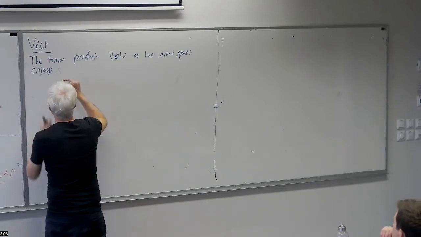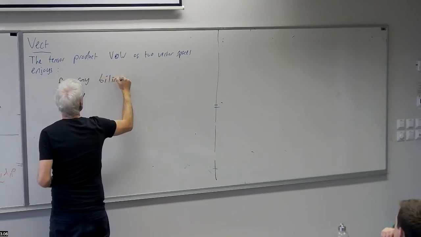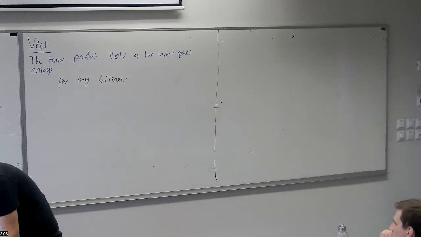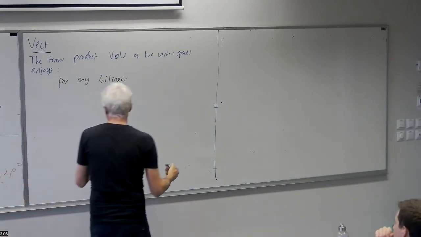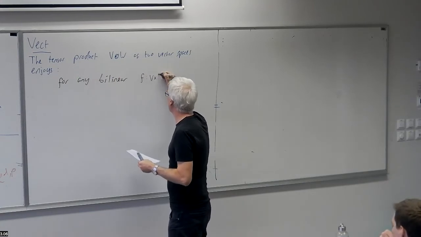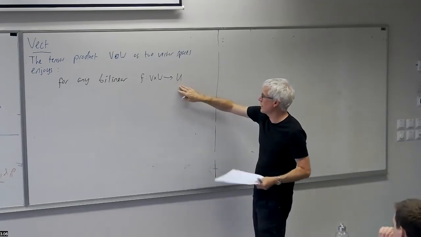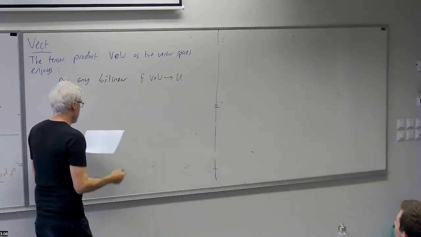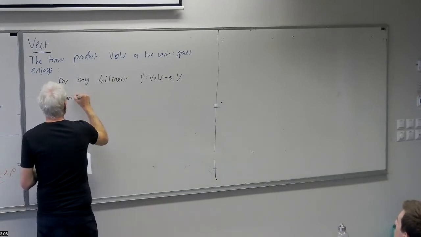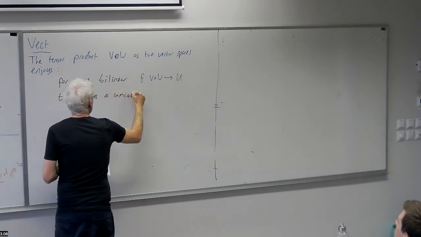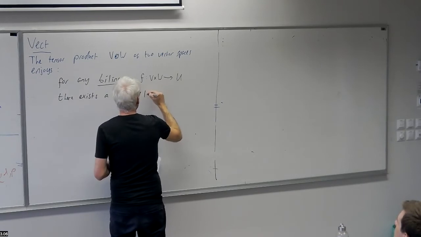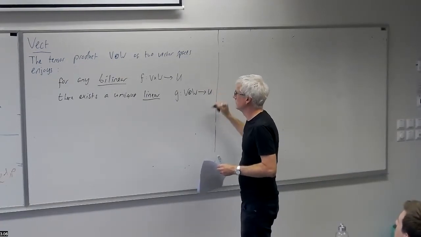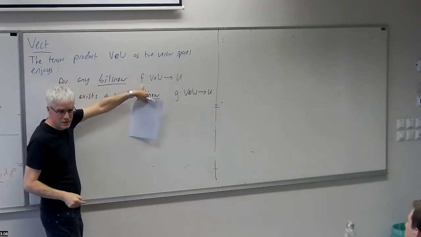So it enjoys the property that for any bilinear map out of V and W, remember, a bilinear map into some other vector space is a function in 2 arguments so that it's linear in each argument separately, there exists a unique linear map, let's call it G, out of the tensor product, that essentially represents the bilinear map.